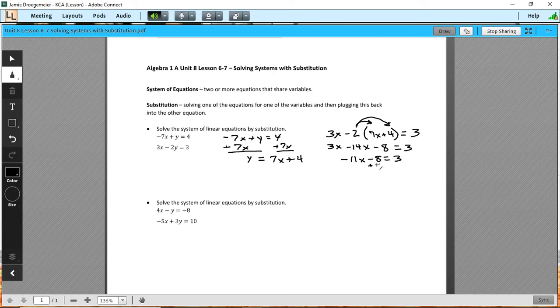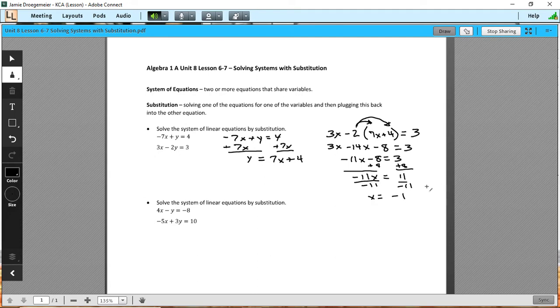Then I would add 8 to each side, which gives me negative 11x equals 11. Finally, divide each side by negative 11, and I get that x equals negative 1.